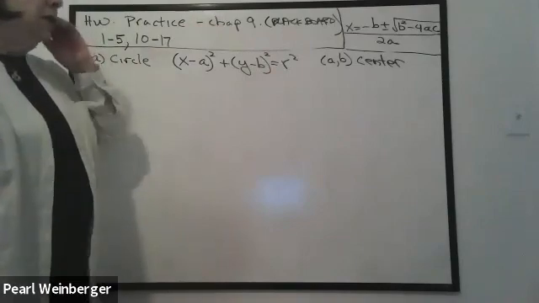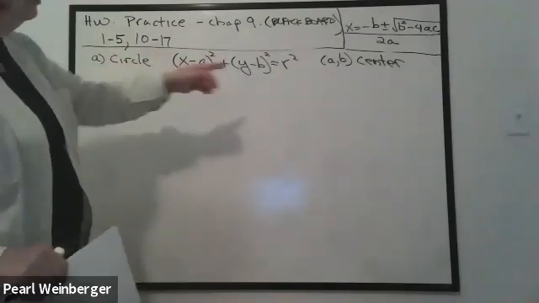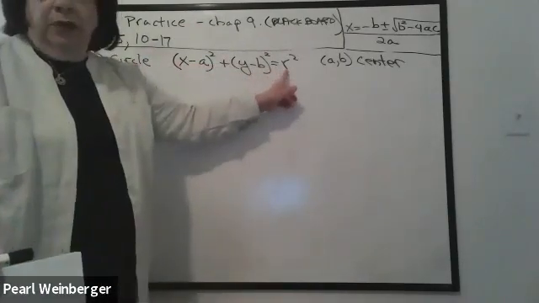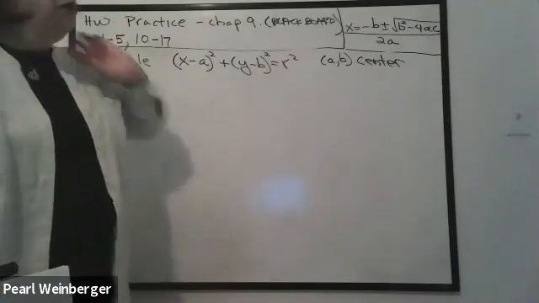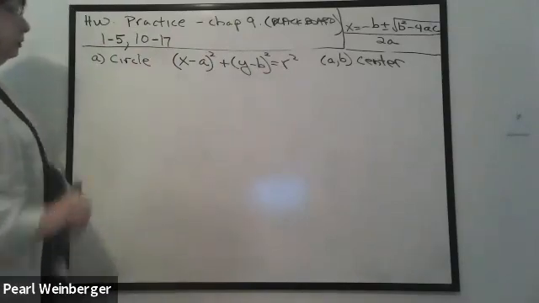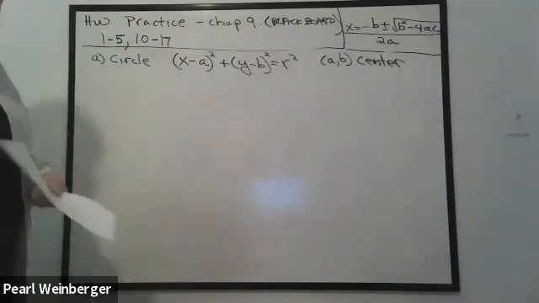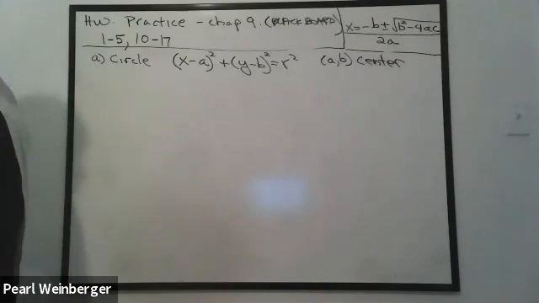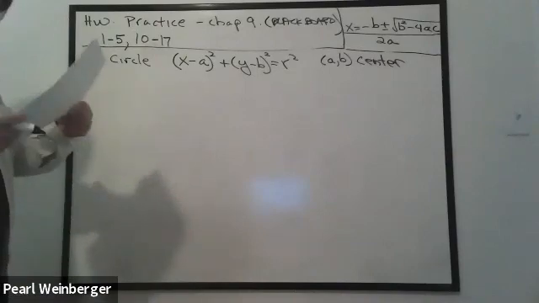You switch the signs. The radius of the circle is the square root of the number that's on the right side of the equation. So r is the radius. And we can use this equation, this format, to write the equation of a circle. And we could also use the format to figure out what the circle looks like.